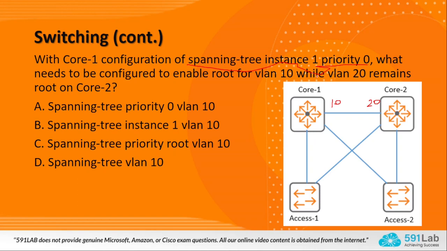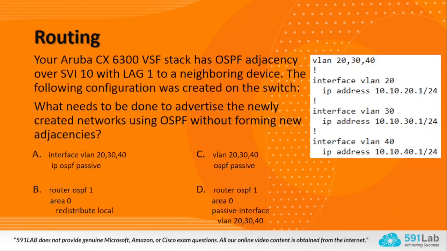This is wrong. Option D, spanning tree VLAN 10. This command is used in rapid per-VLAN spanning tree configuration, but here it is MSTP. So this is not correct. The correct answer is option B. Next question is from routing.